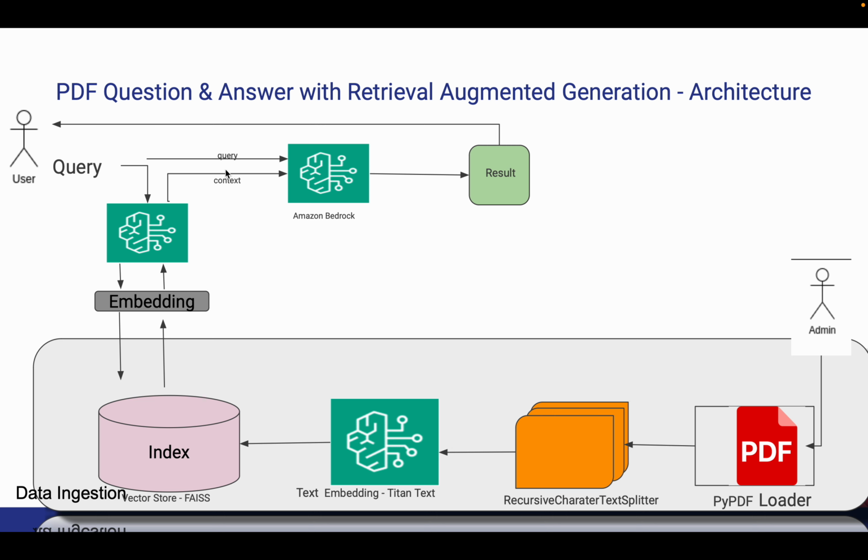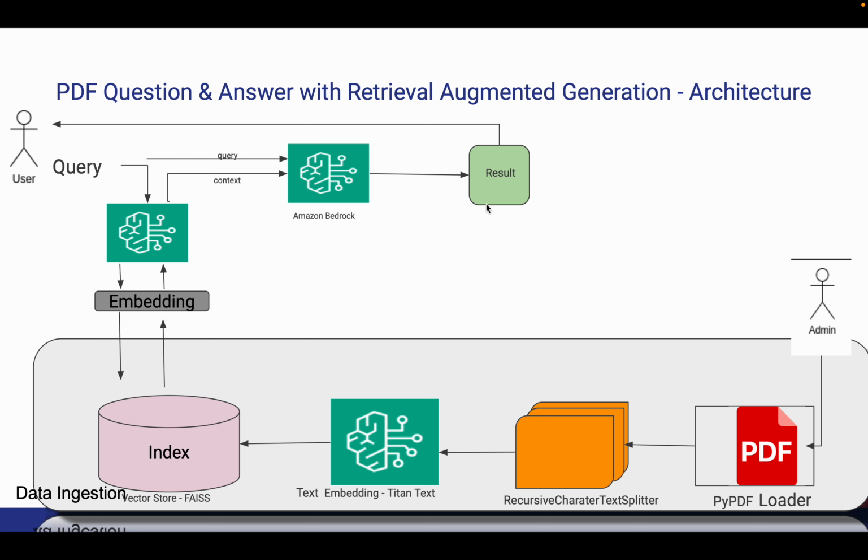So here we can see we are passing the context and the query to Amazon Bedrock, which generates the result, and the result is sent back to the user. Here we can see the term retrieval-augmented generation: we retrieve the data from the vector store, and that is augmented using Amazon Bedrock, which then generates the result.